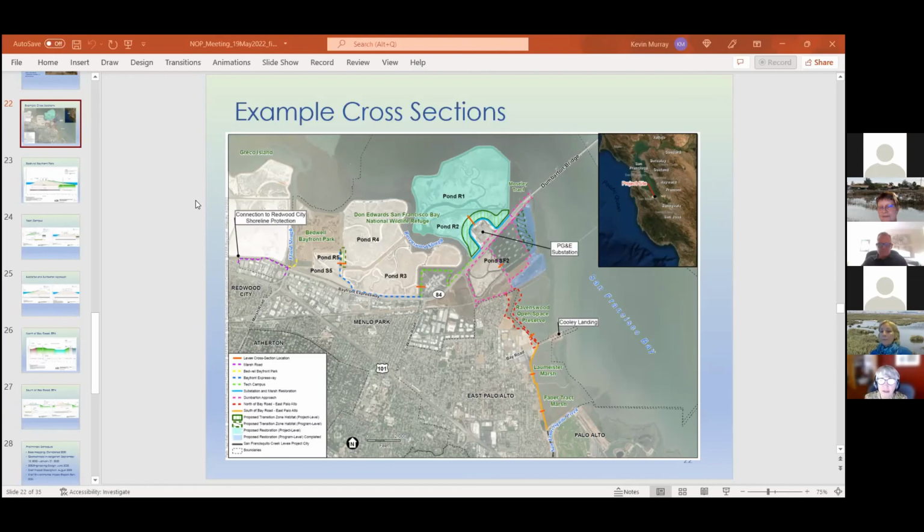I would just add to that, Margaret, that the EIR will certainly consider the potential adverse effects of air pollutant emissions from construction vehicles and conduct detailed evaluations of that and identify measures to mitigate that.